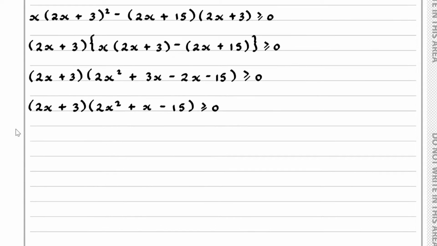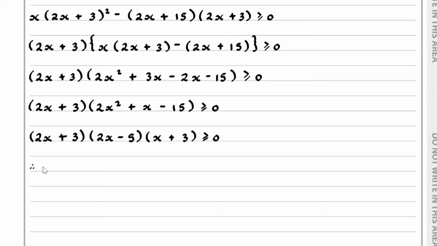And this bracket we can now factorize as the product of two linear brackets. So we've got 2x plus 3 being multiplied by, well, factorizing, we end up with 2x subtract 5 multiplied by x plus 3. And this is greater or equal than 0.